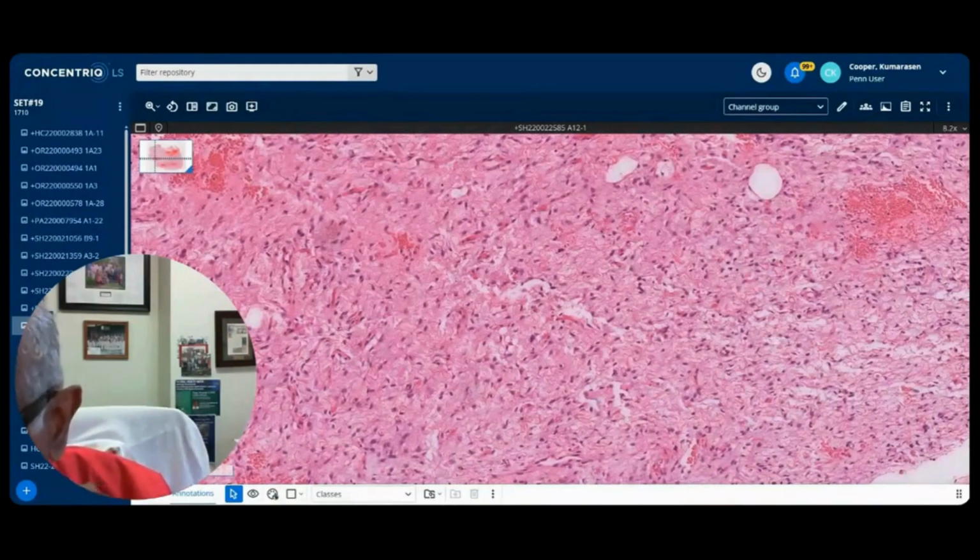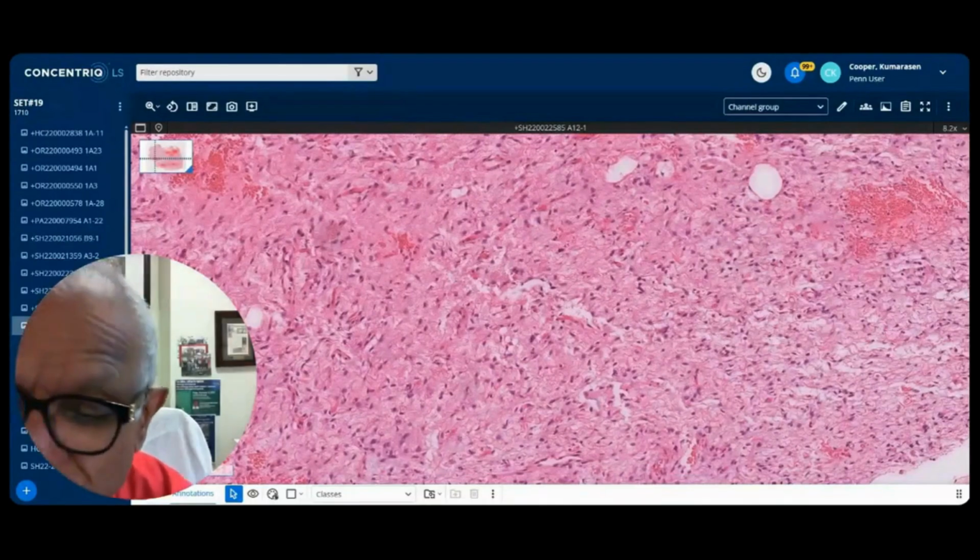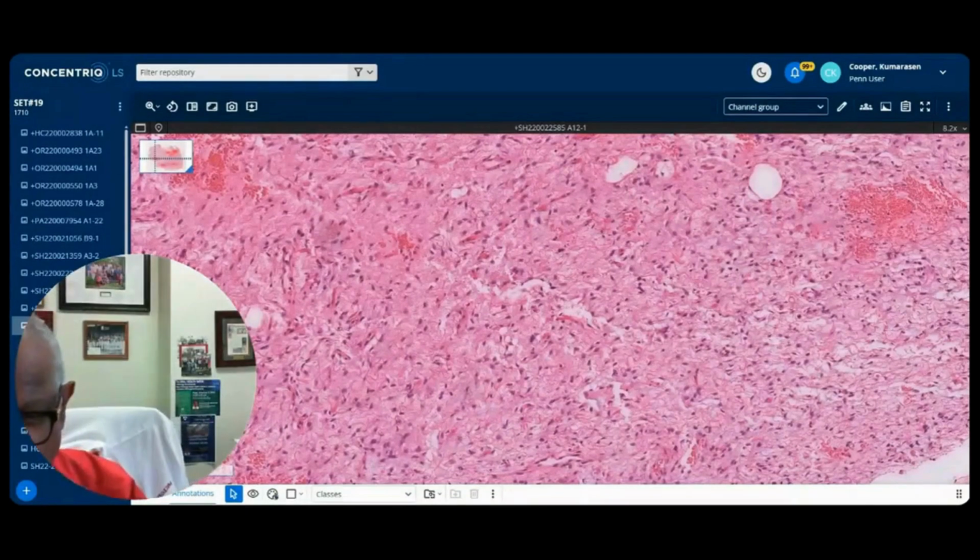And I think Rohan has hit it on the head by saying he or she wants an MDM2, and MDM2 is amplified, as you know, in the liposarcomas in the retroperitoneum, both the well-differentiated liposarcoma and the dedifferentiated liposarcomas. So MDM2 is amplified in this case, and DDIT is also amplified but not rearranged.